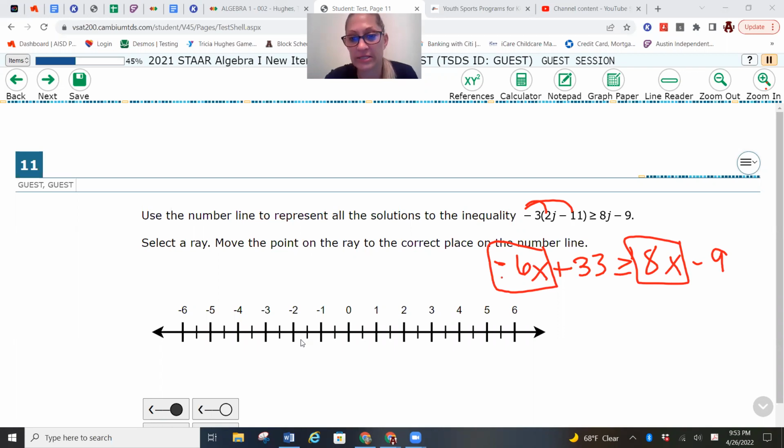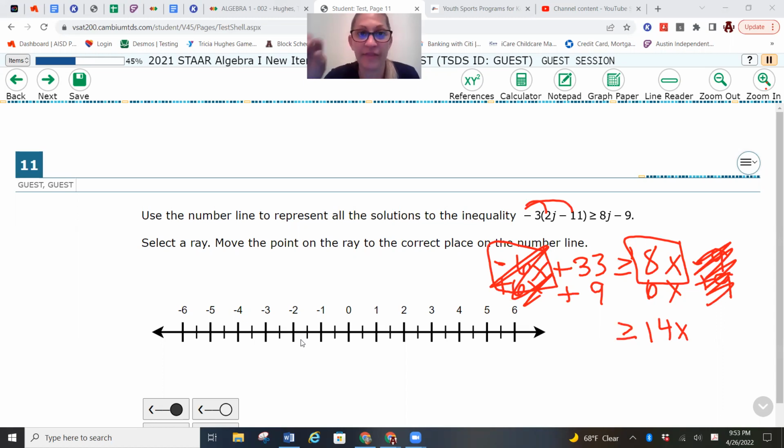I'm going to add 6x to both sides. That's going to be 14x. If I add the 6x to the right, then I'm going to add the 9 to the left. Now I have separated the x term from the constant term. Now I'm going to divide both sides by 14.